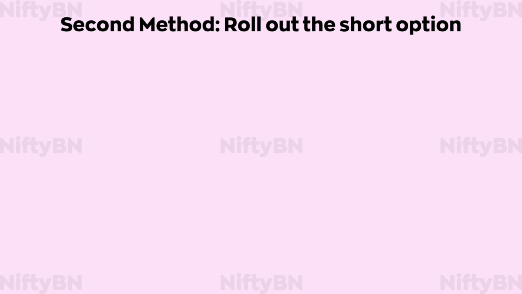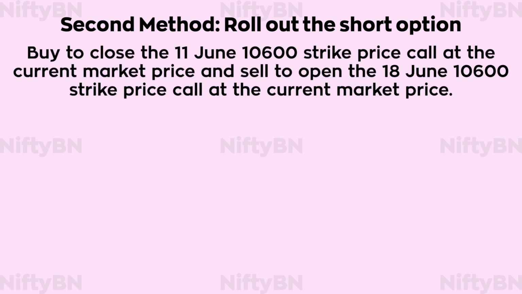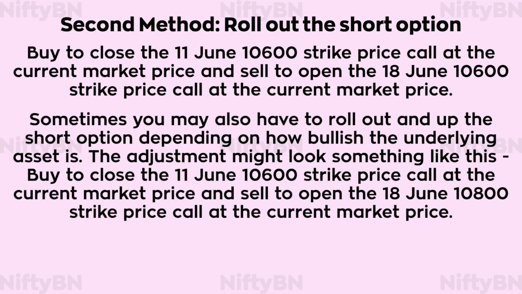Second method, roll out the short option. Buy to close the 11th June 10,600 strike price call at the current market price and sell to open the 18th June 10,600 strike price call at the current market price. Sometimes you may also have to roll out and up the short position, depending on how bullish the underlying asset is. The adjustment might look something like this.